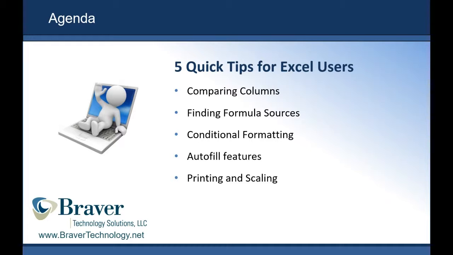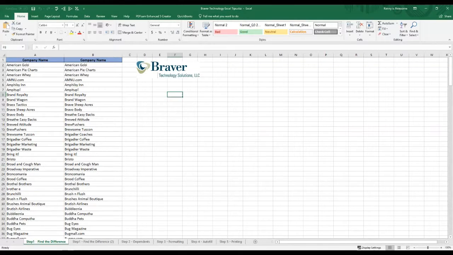Then next, we're going to go into what is probably my absolute favorite feature of Excel, which is conditional formatting. We're going to go through some autofill features and how those are going to make your life easier. And then probably one of the most requested things has to do with printing and scaling. So with those topics underway, let's get going on the actual presentation.